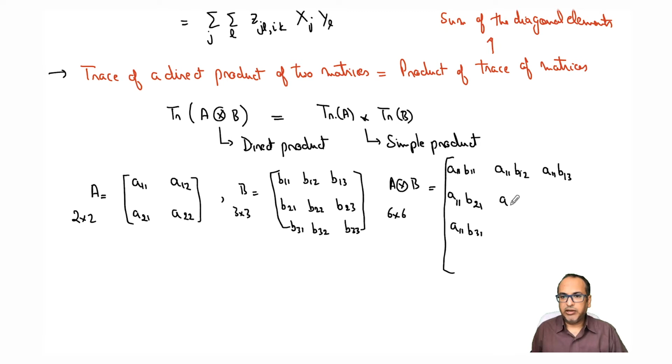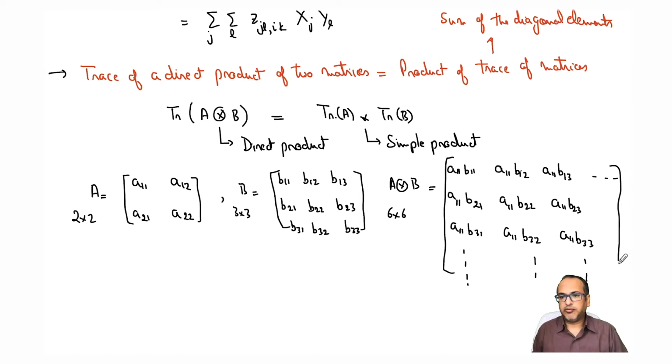Similarly, here we will have A11 B22, A11 B23, A11 B32, A11 B33. So on, we will get a 6 cross 6 matrix.